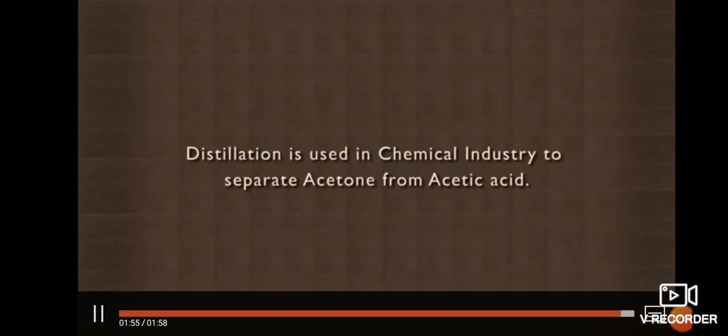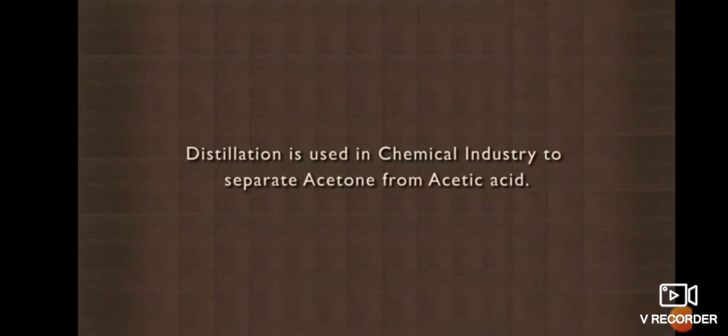Distillation is used in the chemical industry. So here, ethyl alcohol, or we can use acetone also. If you are mixing acetone or ethyl alcohol, anything, with water, then there is a little difference in the boiling points.